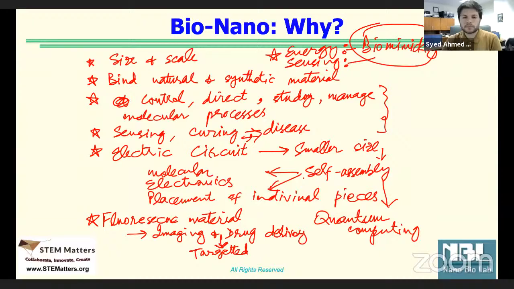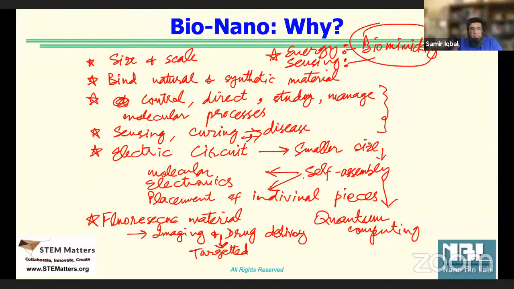So we can come up with newer synthetic materials or natural materials and mix them and try to mimic, and that's an area called biomimetics, where we can learn from how things happen in real living systems and try to emulate that at small scale, different scales for that matter.